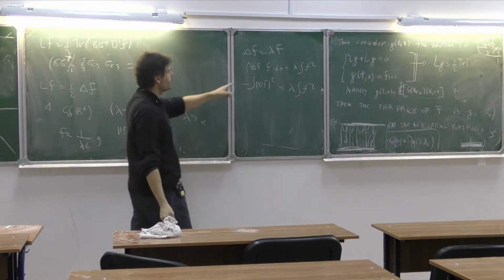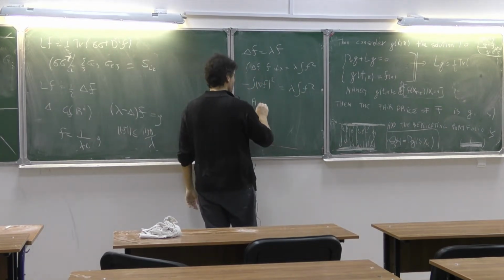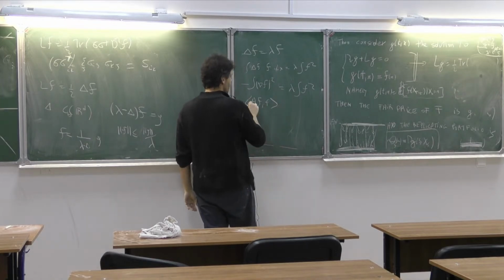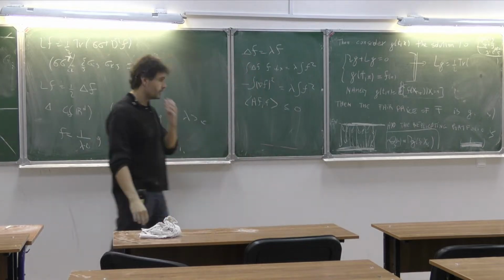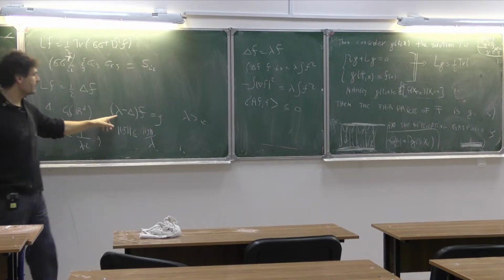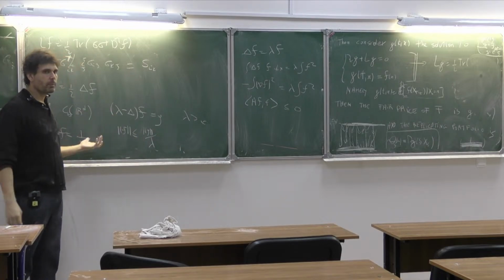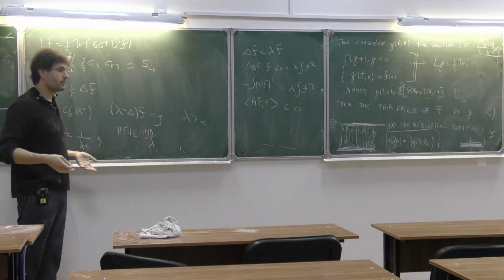In general, this is just the quadratic form of the Laplacian. If you think of this as an operator, this is a quadratic form of f with the Laplacian; just integrate by parts and you see that it is negative. On continuous functions, you just check that the Laplacian at a minimum is positive, which is true.